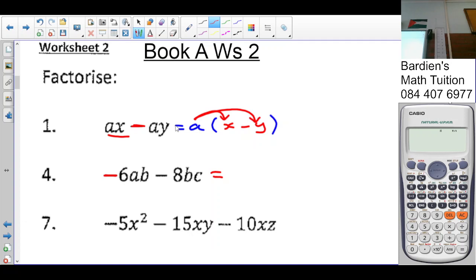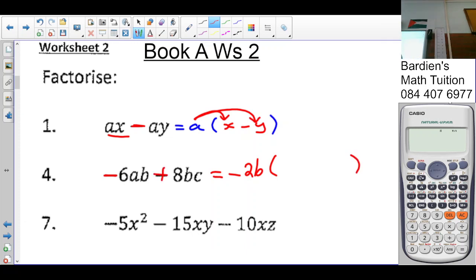First term is negative. So you have negative as part of the problem. So then now what is common? Negative 2b. Can you see that, people?